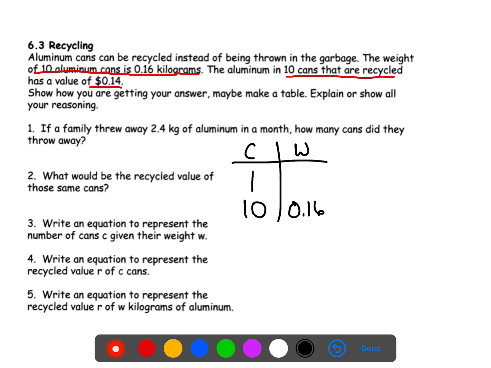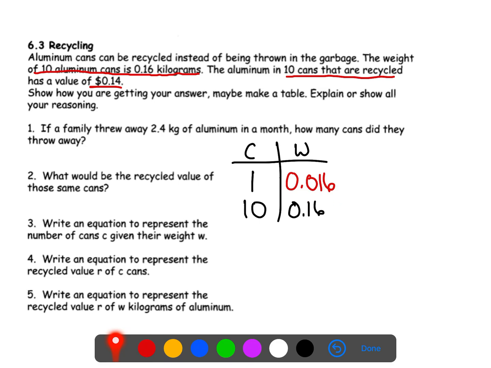So if we take the ratio that we're given, find that constant of proportionality, that thing we're multiplying 10 by to get 16/100ths, we can reverse that and divide. Let's take this ratio of weight to cans, 16/100ths divided by 10 to find our unit rate, which would be 0.016, 16 thousandths. That's our unit rate. This is our constant of proportionality. 1 can has this weight.